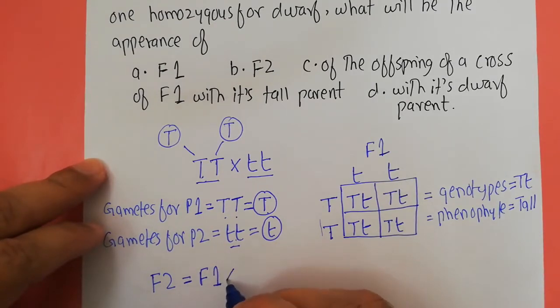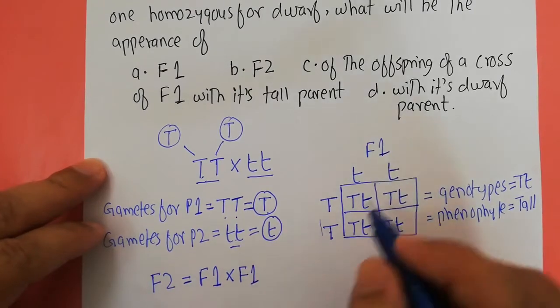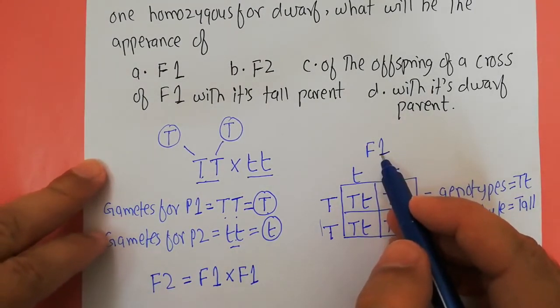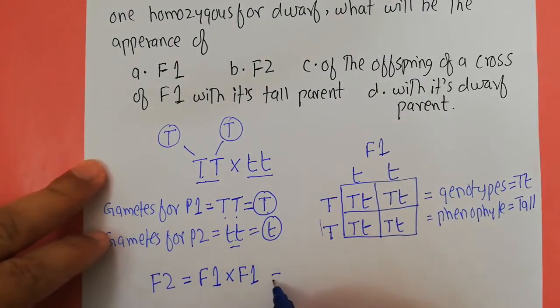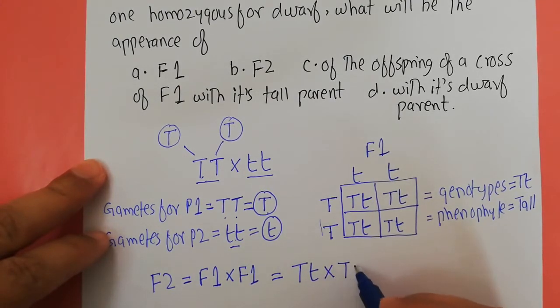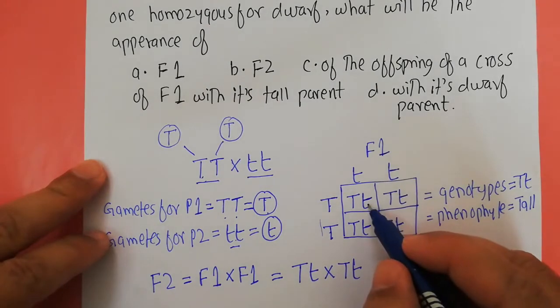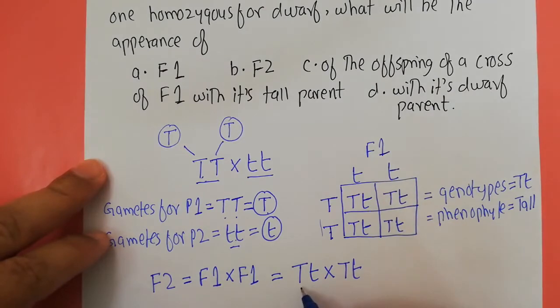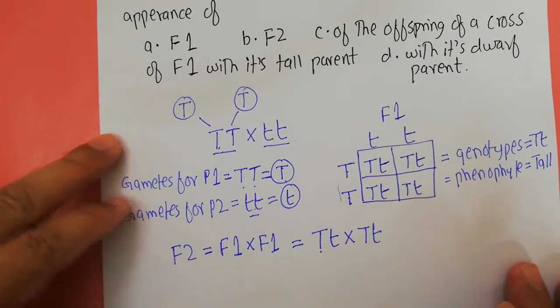So you are actually crossing the F1 to the F1, and we have already got the F1 offspring. So to get the F2 generation, you are crossing a heterozygous tall plant to a heterozygous tall plant, because this is what we got in the F1 generation.